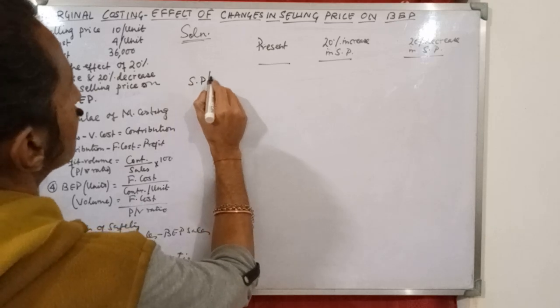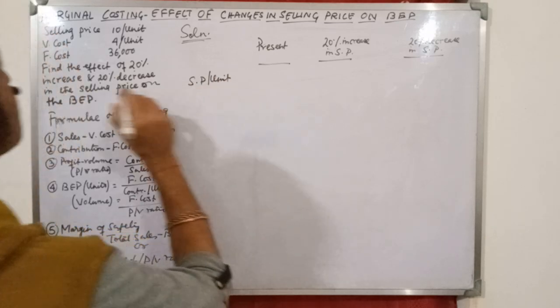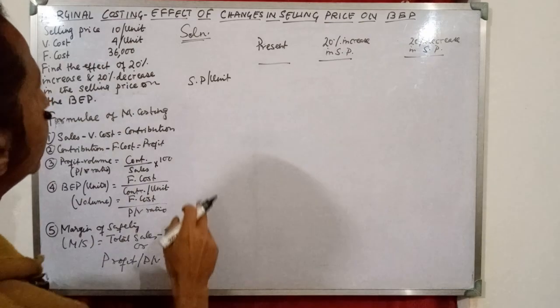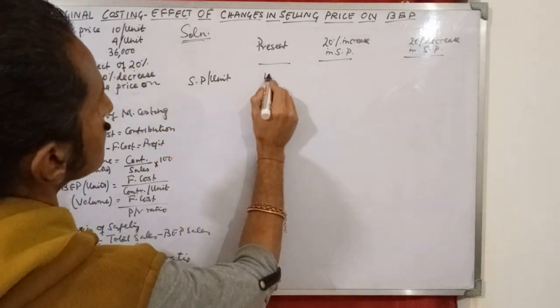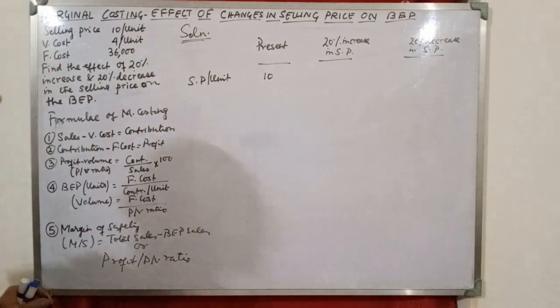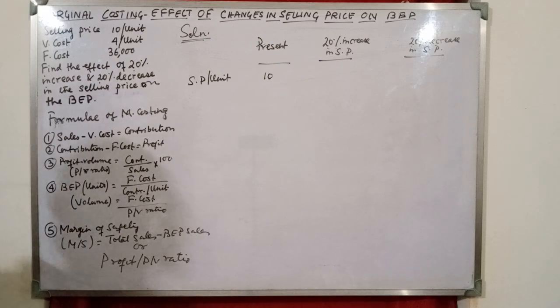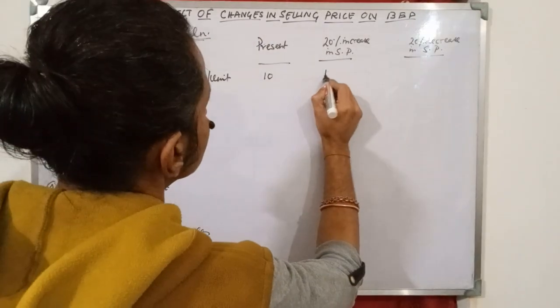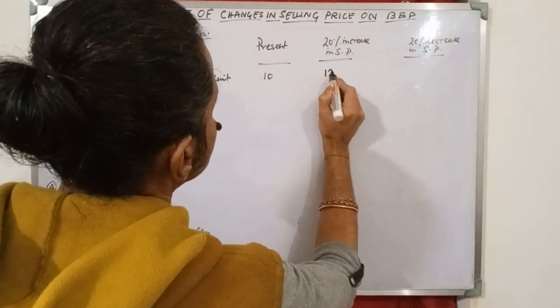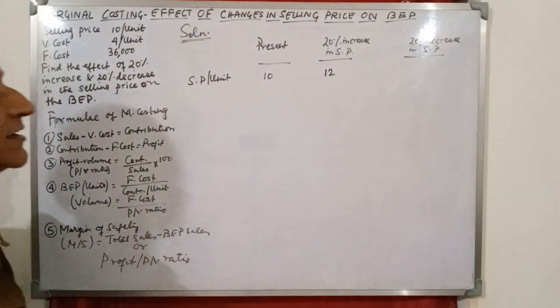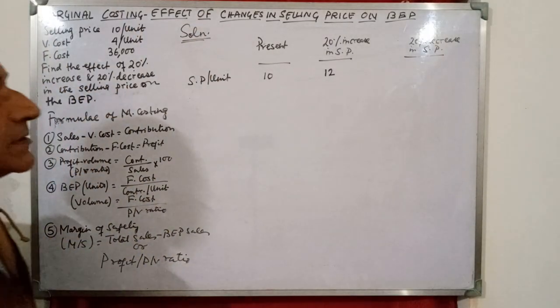Selling price per unit. The current selling price per unit is 10. If selling price increases by 20%, it becomes 12. And if it decreases by 20%, then it becomes 8.